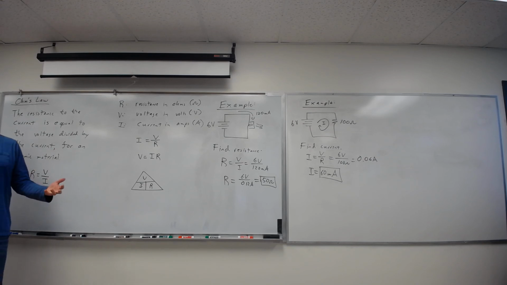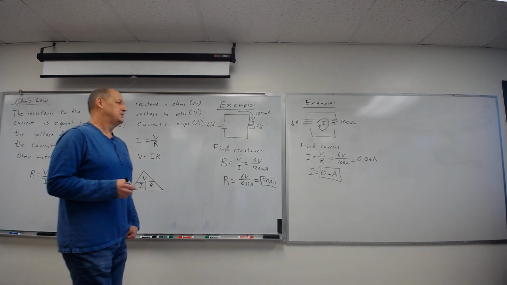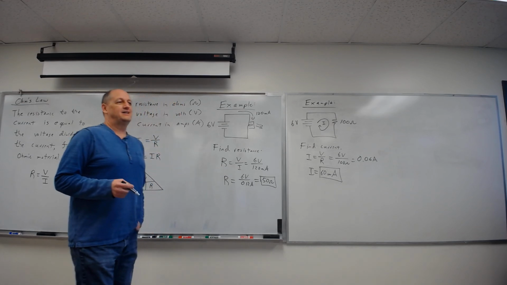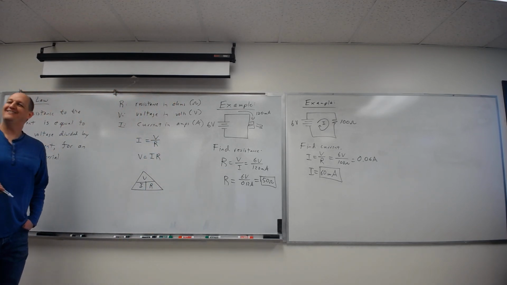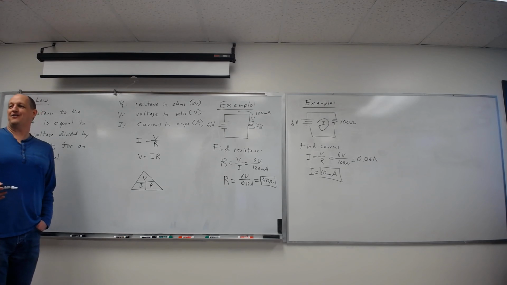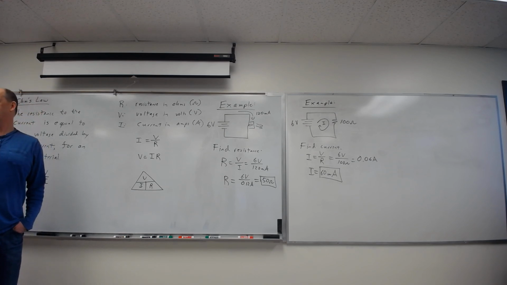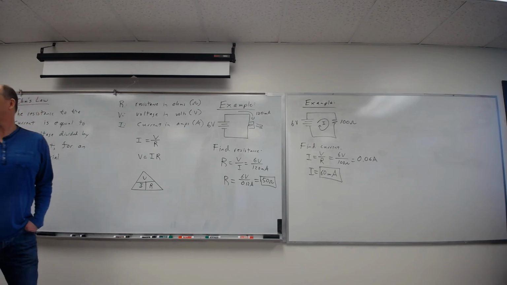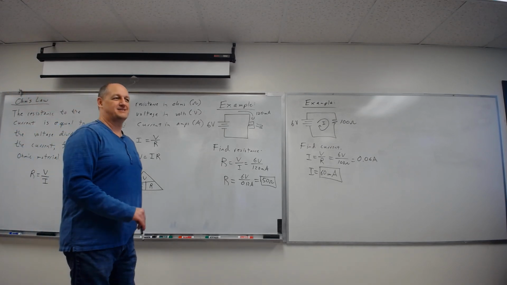We use kiloohms instead of thousands of ohms because it's faster than writing 3 zeros all the time. We'll use pico later on because it's really hard to write 12 zeros after the decimal point. Keep track of where you are. Don't worry about it. That's like week 7, 8.